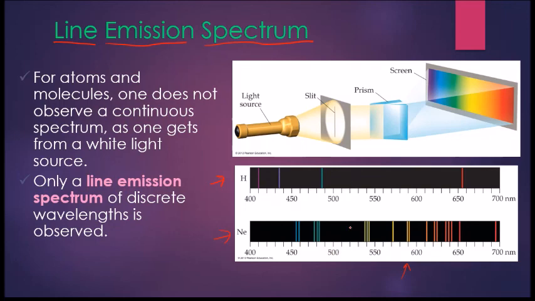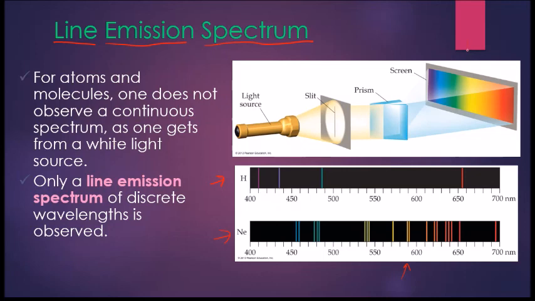These are like fingerprints for the atoms because the pattern is distinct for each particular atom. Each element has its own pattern as to how these lines come out when the gas particles are given energy. Hydrogen won't look like neon, neon won't look like carbon, carbon won't look like oxygen, and all of that. They'll all be different in terms of their lines on the spectrum.